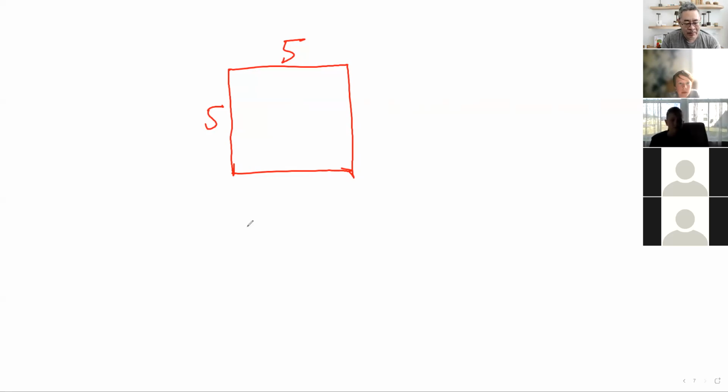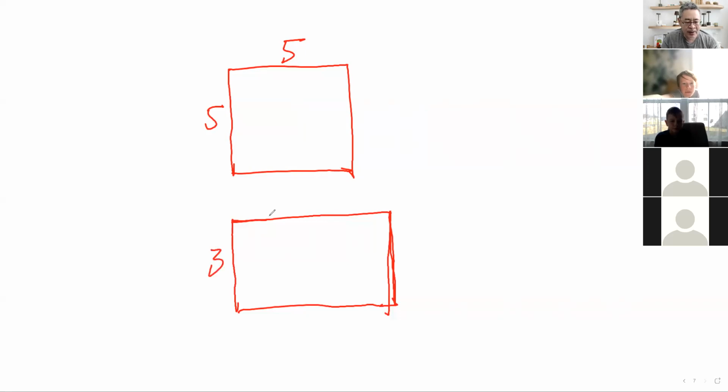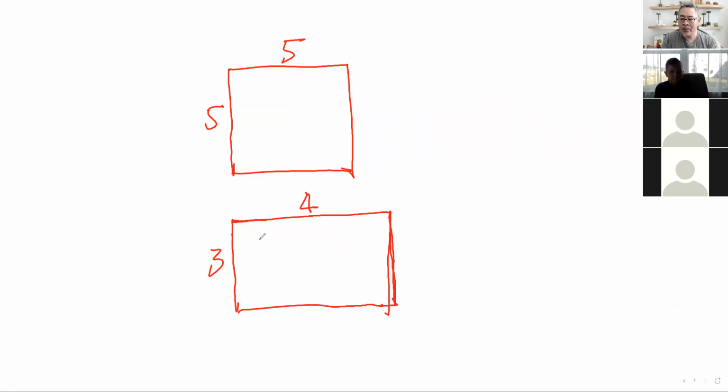Now we got into rectangle. So how do we do a rectangle? Well, same thing. Basically, to measure something, we just want to see how many unit squares it has. So when we say this is 3 and 4, let's say 3 inch by 4 inch. Now, how many 1 inch, 1 square inch unit squares can we have?